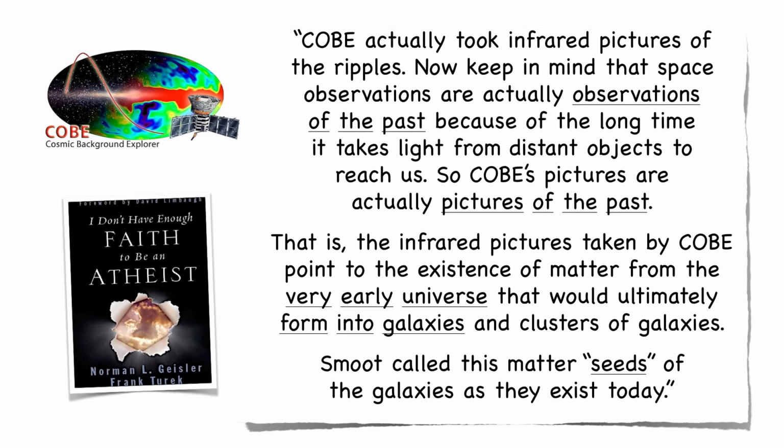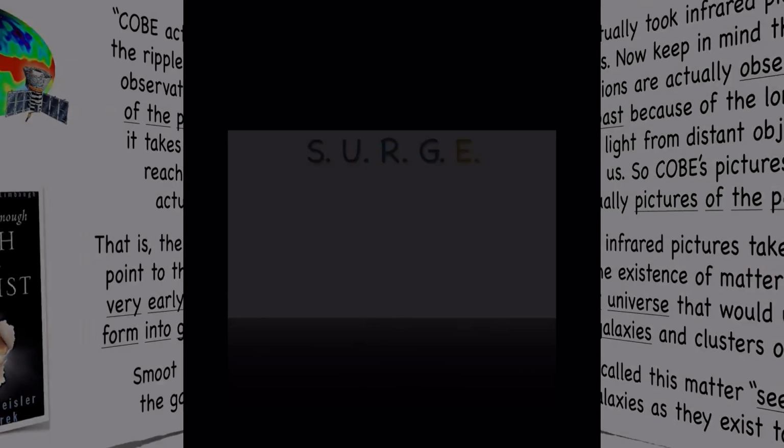So COBE's pictures are actually pictures of the past. That is, the infrared pictures taken by COBE point to the existence of matter from the very early universe that would ultimately form into galaxies and clusters of galaxies. Smoot called this matter seeds of the galaxies as they exist today.